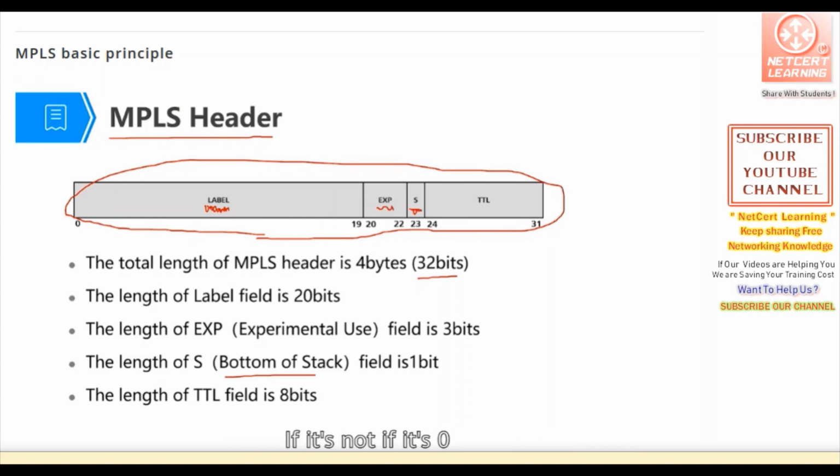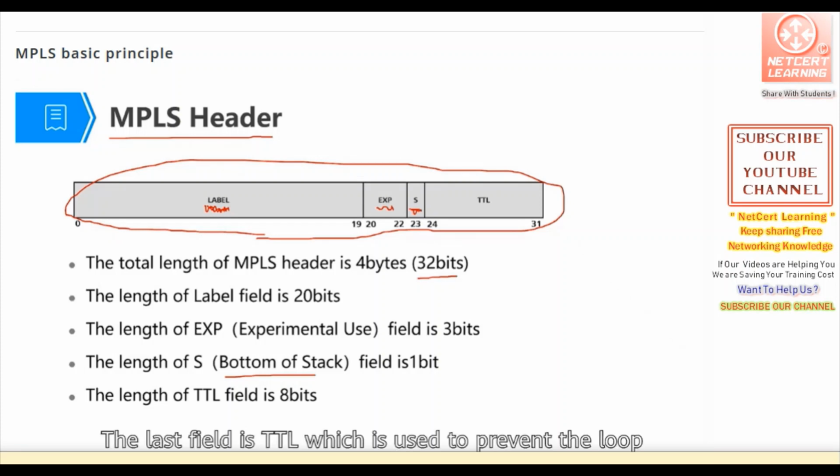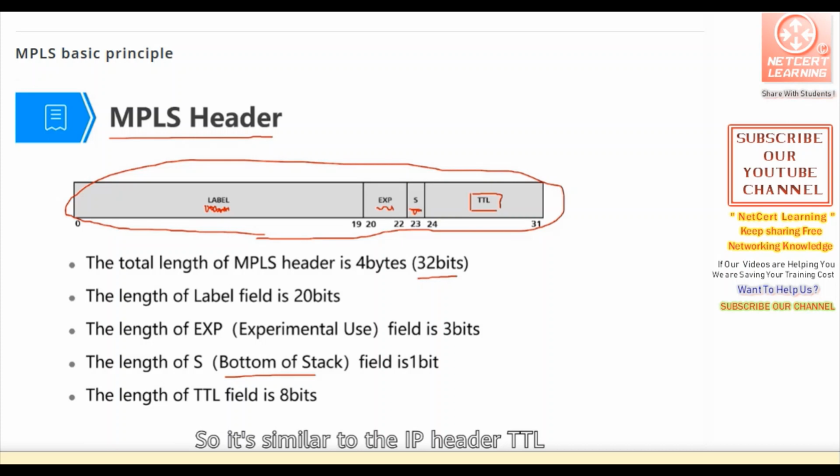If it's 0, we still have other MPLS headers after this header. The last field is TTL. TTL is used to prevent loops, similar to the TTL in the IP header.